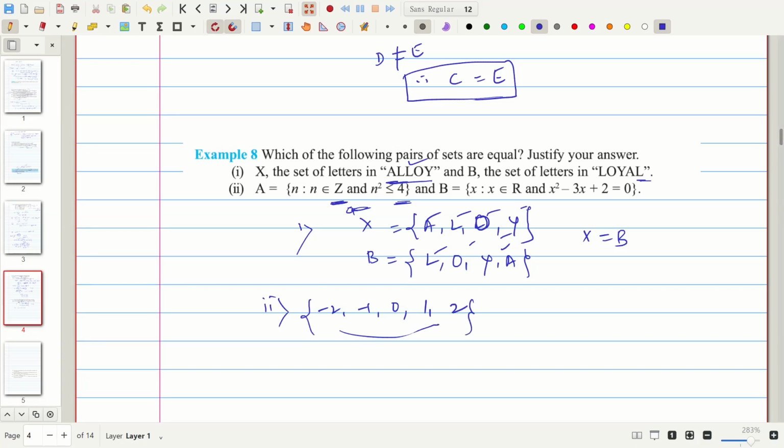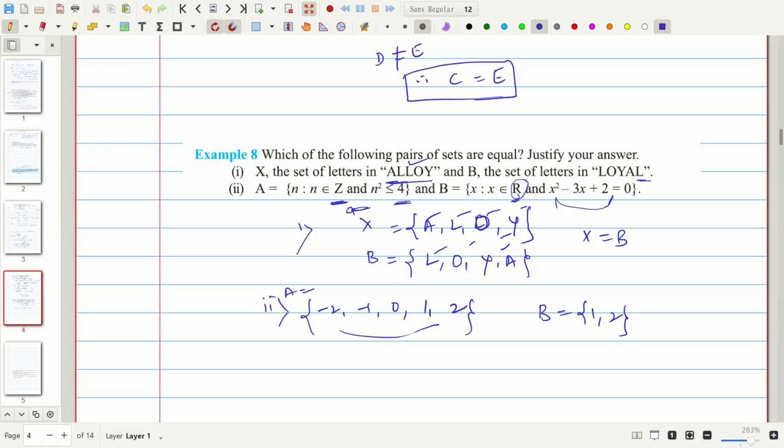R means what? Real numbers. If we put the value of x here as a real number, what values will we get? We will get 1 and 2. Take this set as A and this set as B. Put the values 1 and 2 to satisfy this equation.